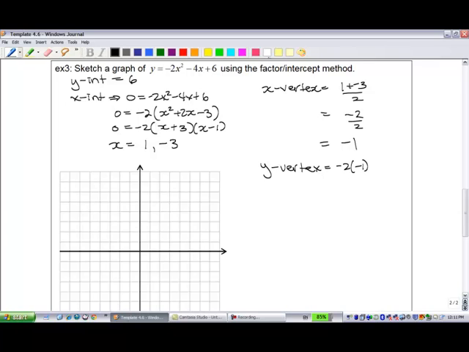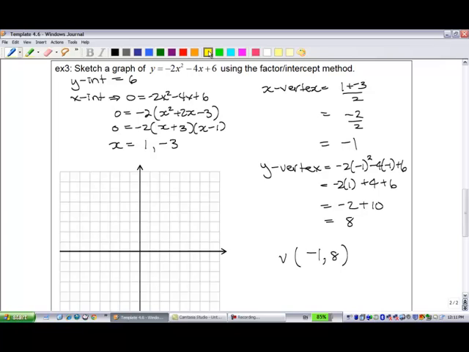Negative 2 times negative 1 squared minus 4 times negative 1 plus 6. Negative 2 times 1 plus 4 plus 6. Negative 2 plus 10. And we get a value of 8. So negative 1 comma 8 is our vertex.